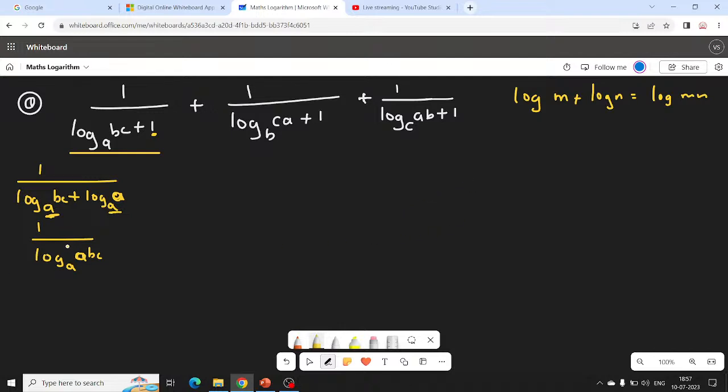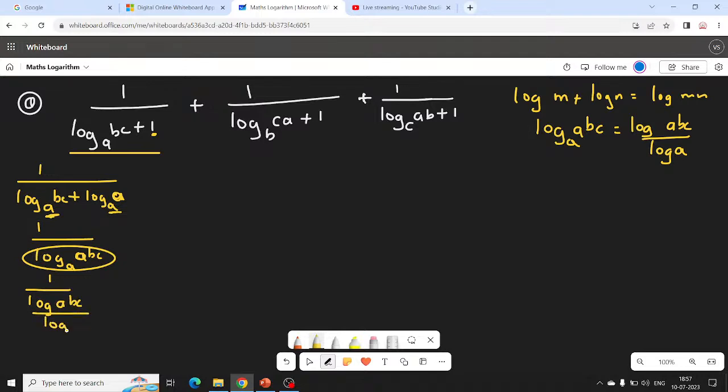Okay, now look at this denominator. I'm writing the denominator here. This is log ABC to the base A. Can I write this as log ABC divided by log A? So this term becomes 1 divided by log ABC whole divided by log A. What happens to log A?